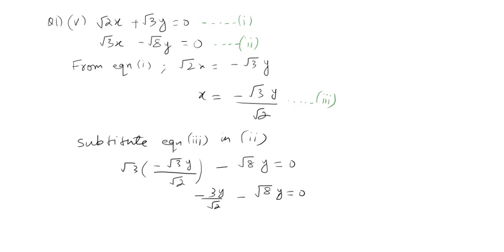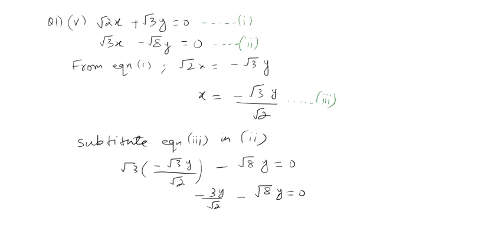Now you see this thing has an under root value, that means there is a denominator, and the other term has no denominator, so we can write 1 there. So I have to take an LCM now and proceed further. The LCM is under root 2, and here we get minus 3y, and then minus.